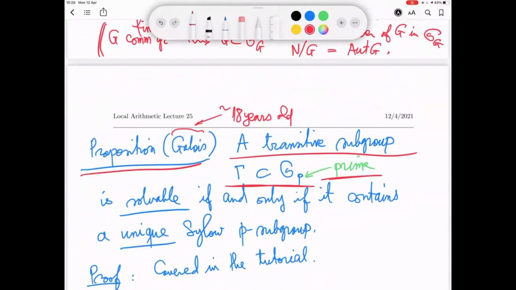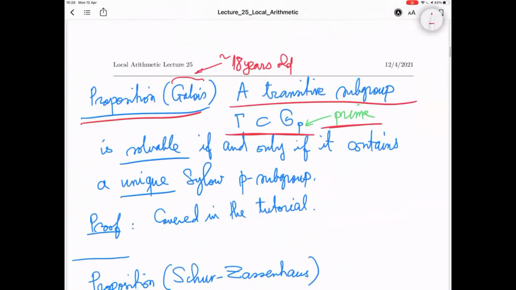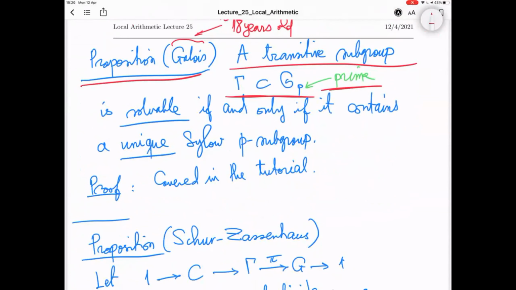So when he was 18 years old, he was looking at this problem of characterizing solvable extensions. Which are the extensions of a field which are solvable by radicals?